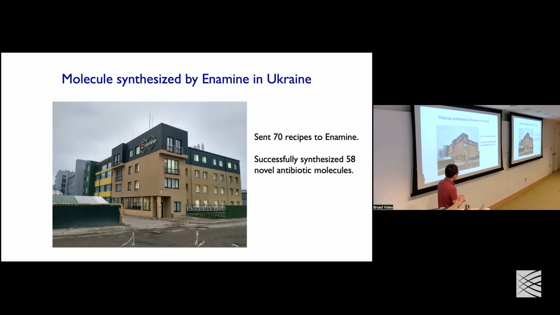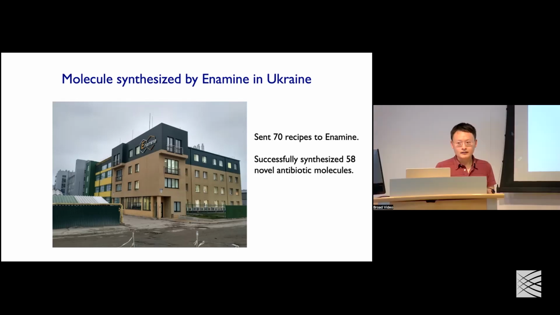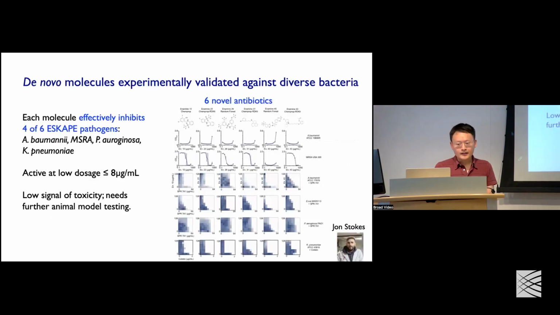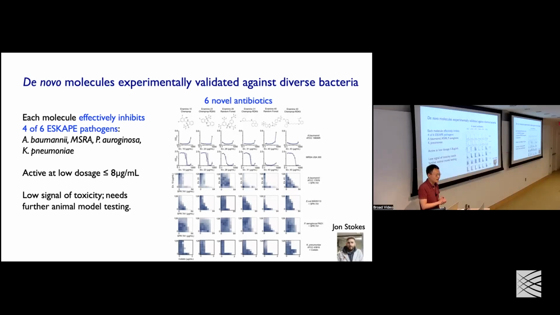And we're very happy that they were able to efficiently synthesize 58 of the 70 recipes, 58 entirely new molecules, by following these recipes. So the hit rate is actually over 80% for generating these new molecules. And then the next step is that they figure out a way to ship these molecules back to us, which itself is a bit of an adventure, but we managed to get these things back.